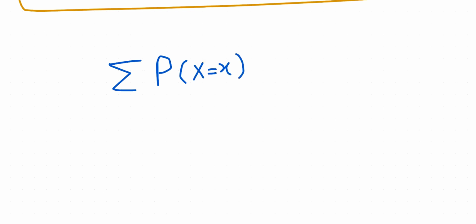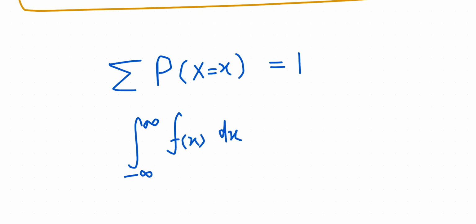And for a continuous random variable, the limit from minus infinity to infinity of f(x) dx is equal to 1. This is a property of probability.